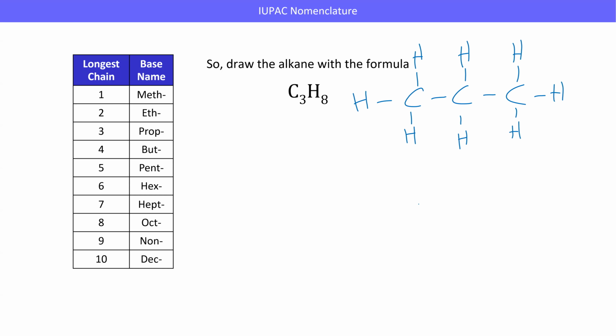And no matter which way we twist it around, propane's sort of an easy one because there's really not that many ways we can twist it. It's only 3 carbons, so it doesn't matter which orientation it has, we're going to get 3 carbons in a row. Which tells us our parent molecule is prop, and it's an alkane, so we throw -ane on the end.